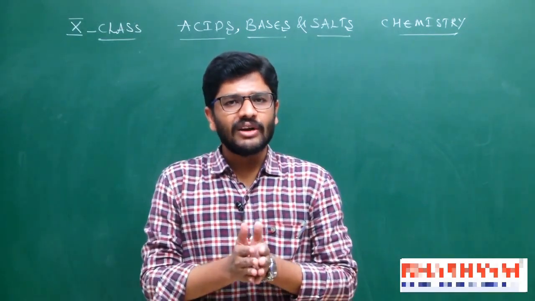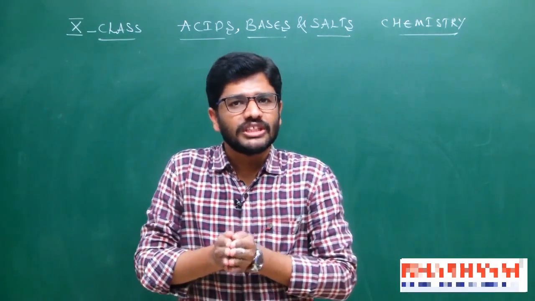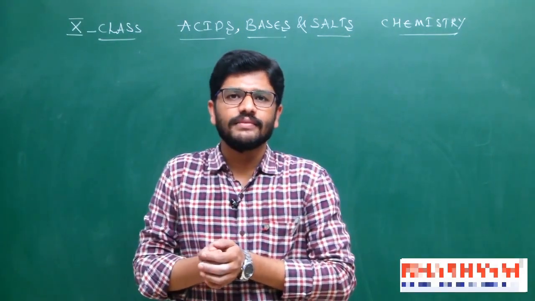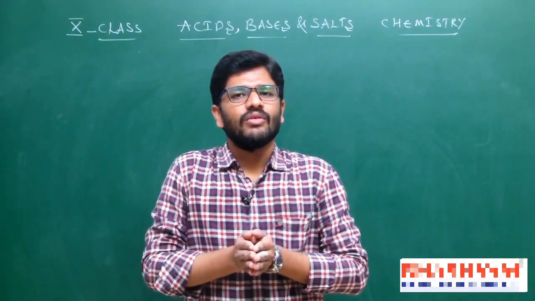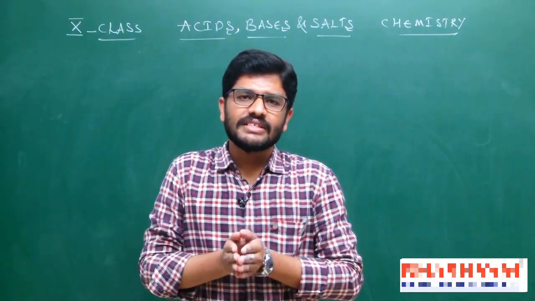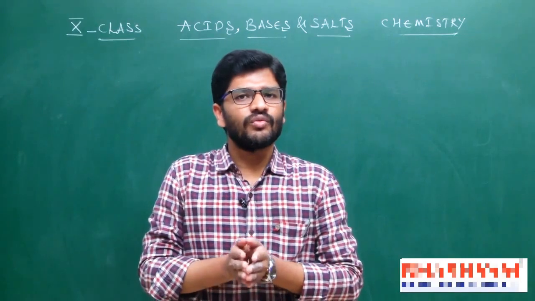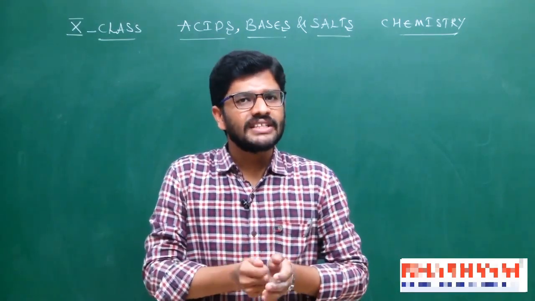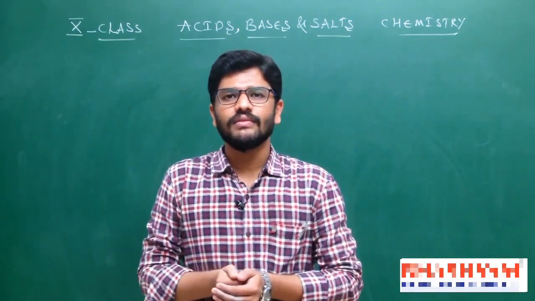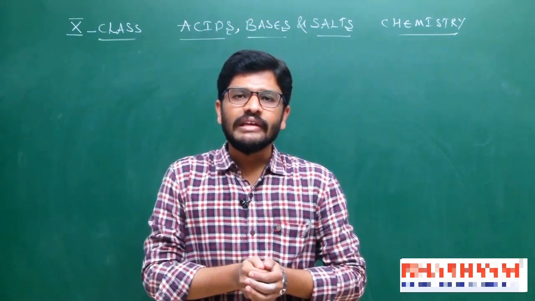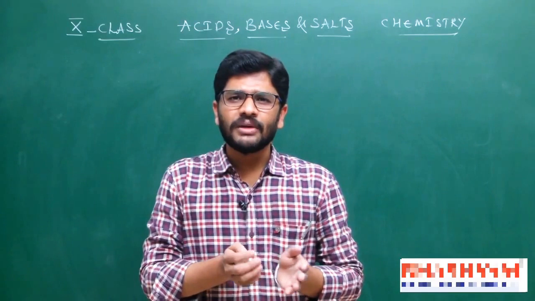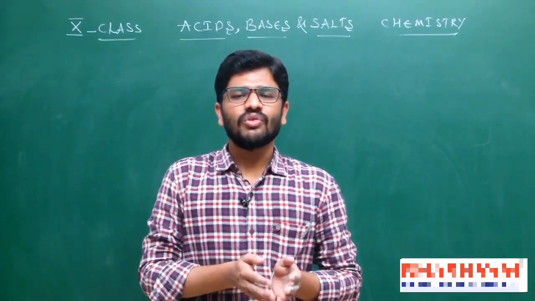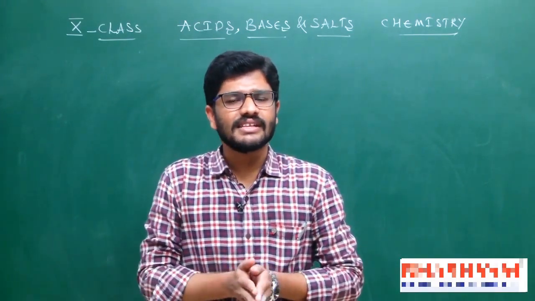If the pH range is between 0 to 3, it is a strong acid. If the pH is 4, 5, 6, it is weak. If the pH is exactly 7, it is neutral. If the pH value is 8, 9, 10, 11, it is a weak base. If the pH value is 12, 13, 14, they are considered strong bases.